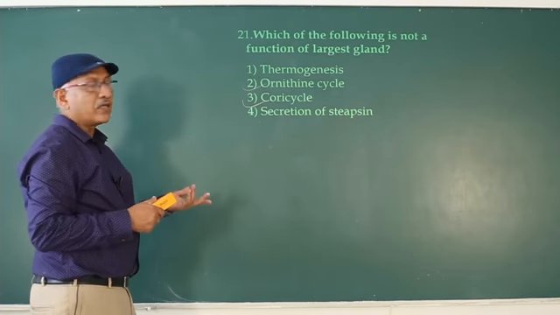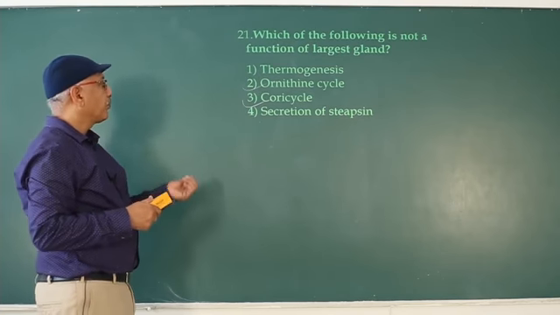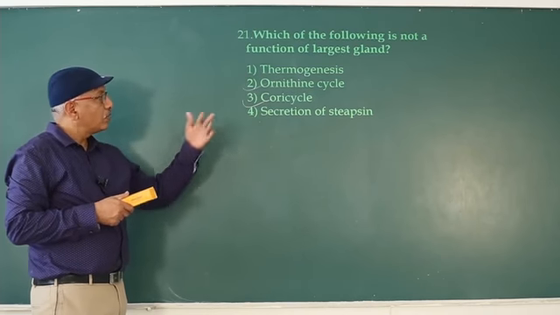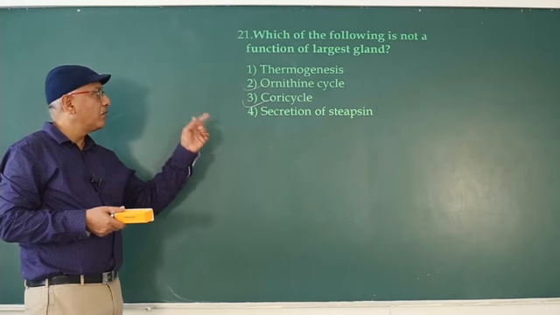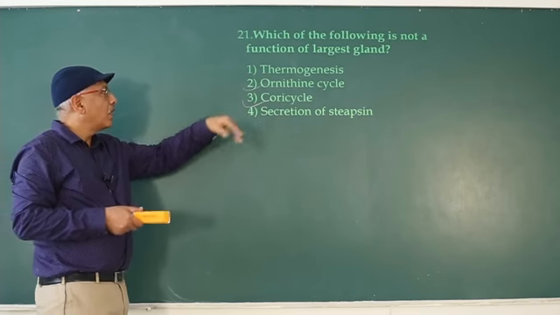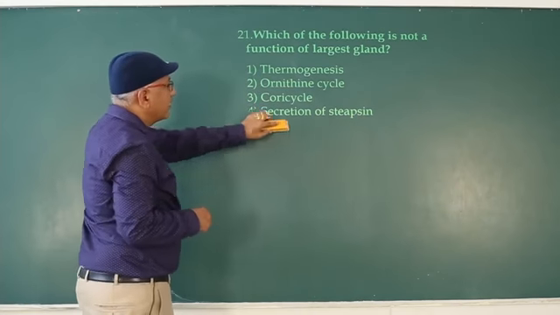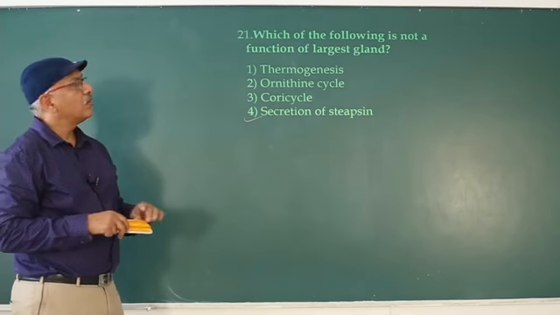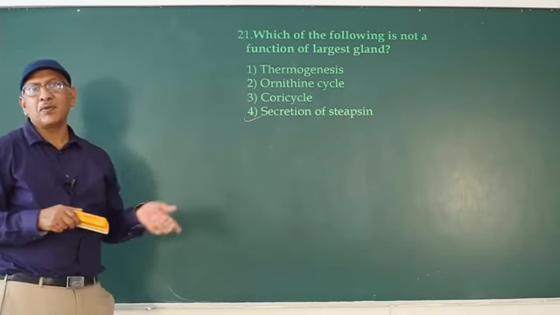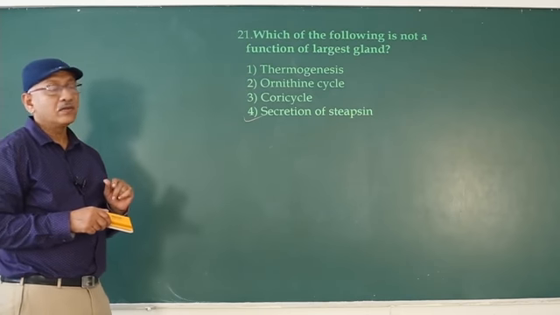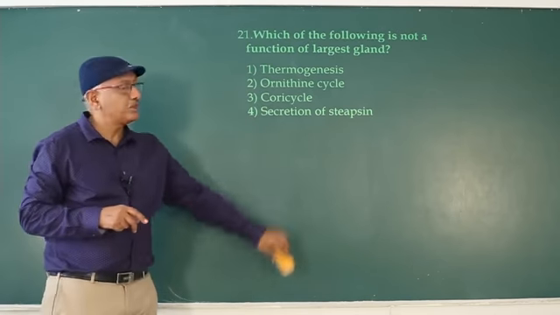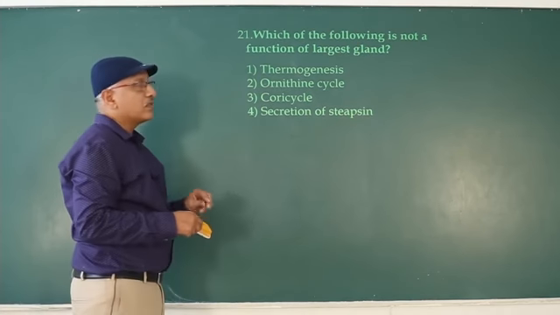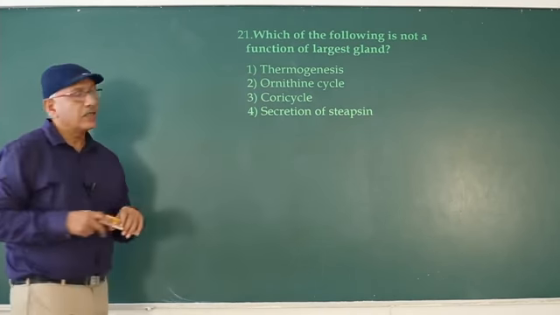In the Cori cycle, lactic acid is converted into glucose in the liver. Cori cycle occurs in muscle and liver. So all are correct except secretion of steapsin. Steapsin is a pancreatic lipase, secreted by the pancreas. So that's why the fourth one. Okay, completed.